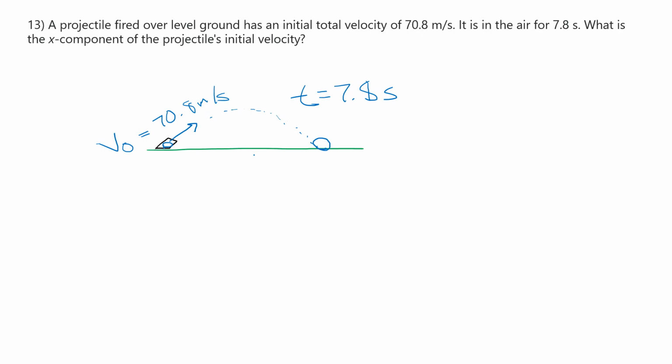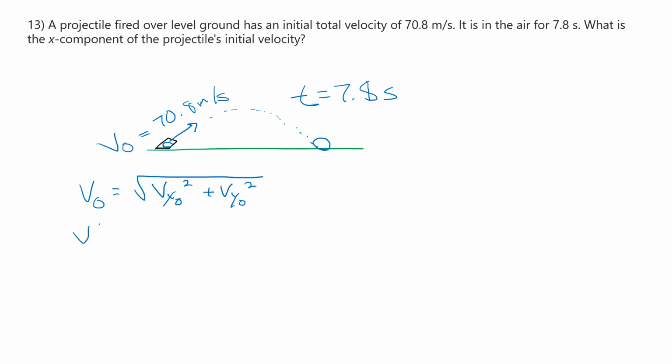So we know there's a couple of things. So the x component, and so we have the initial velocity is equal to the square root of v sub x squared and the initial velocity in the y direction squared.